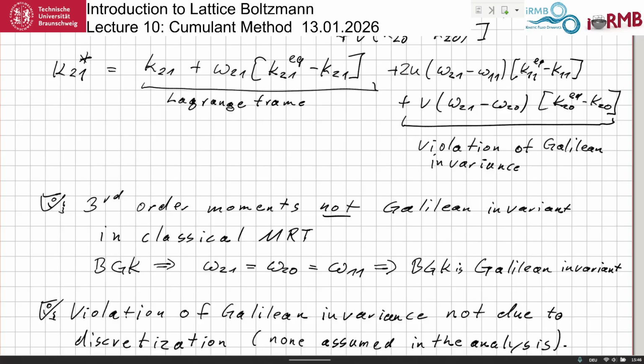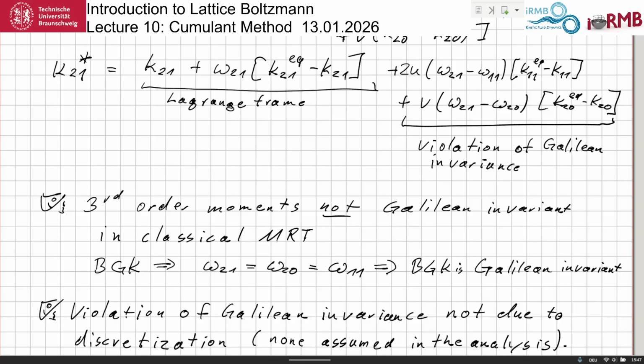So now we have these two problems. First of all, we have to use a very specific orthogonality to make our moments independent, if we use raw moments, but then they are not Galilean invariant.